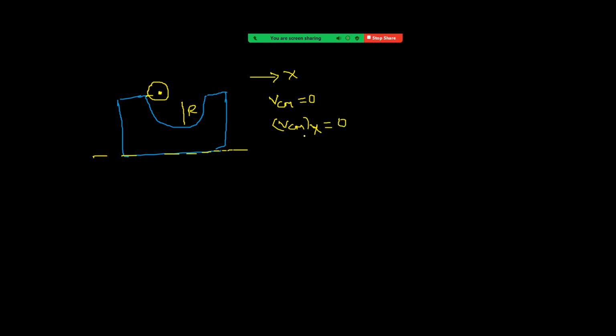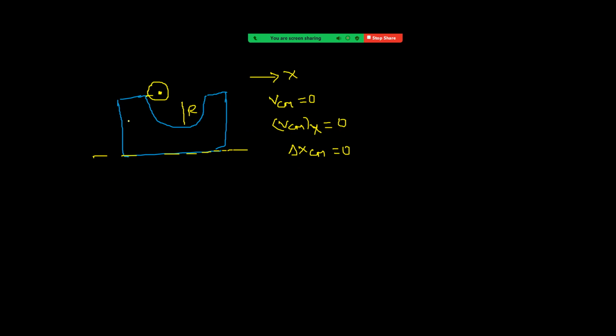Along the x-axis, V_CM is 0, first of all, because horizontally no net force is acting. That's why V_CM along the x direction, along the horizontal, is 0. That means along the x-axis there is no shift of the center of mass.